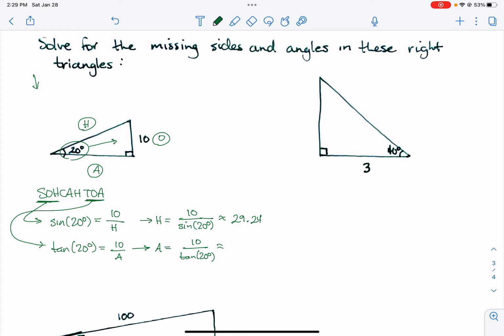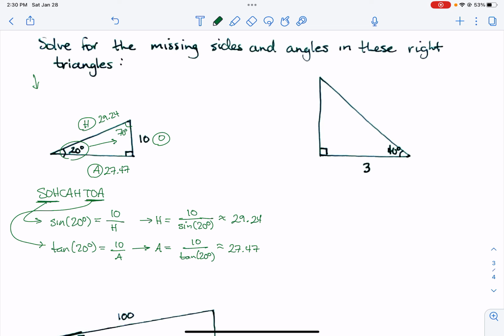Right, so that's this hypotenuse, 29.24. 10 divided by tangent of 20 gives me an answer of 27.47. All right. And then finally, to get that last angle, right, we just got to take 90 minus 20. So that tells me this angle is 70.